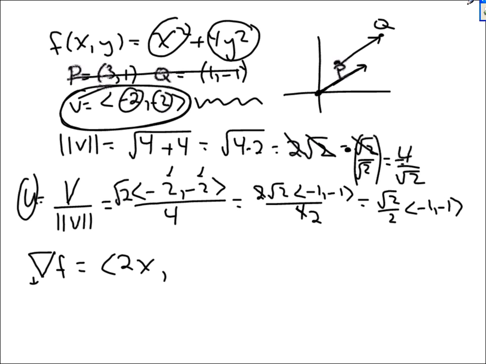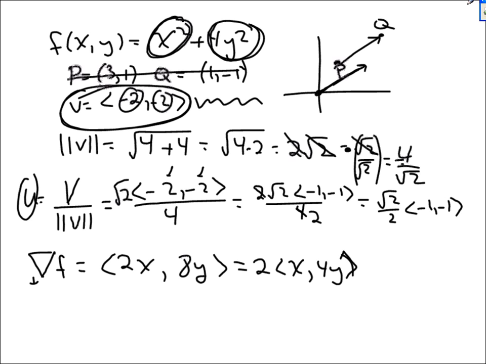Okay, now we do partials of y. Partial of x squared with respect to y is 0 plus the partial of this is 8y. And if you want, you can factor out the 2.